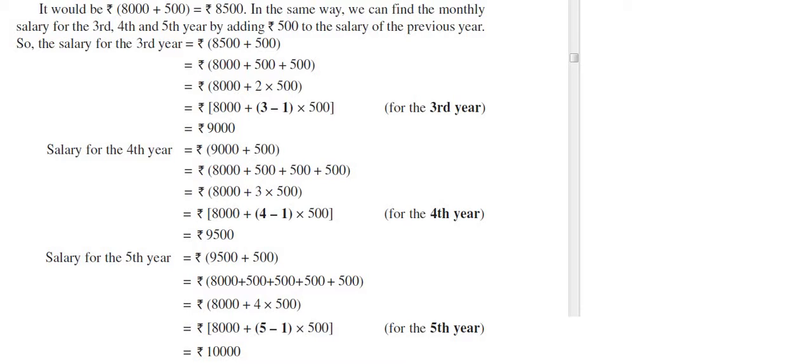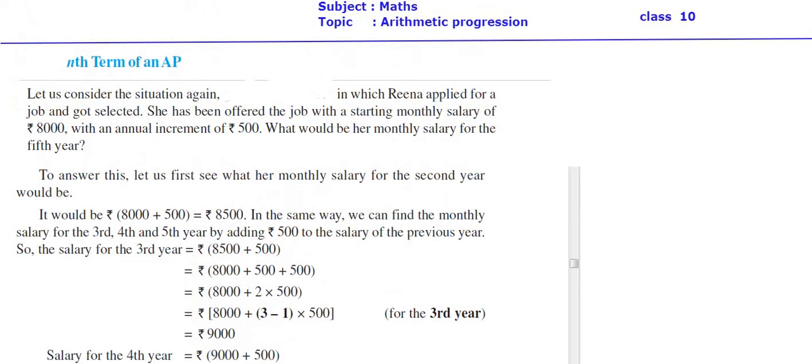To avoid this length, we have the concept called the nth term of an AP. What is this nth term of an AP? It is nothing but a formula in the AP. We will discuss this formula and problems based on it in today's class.